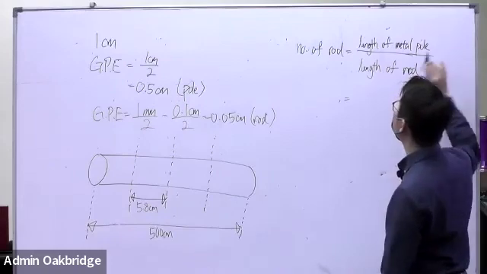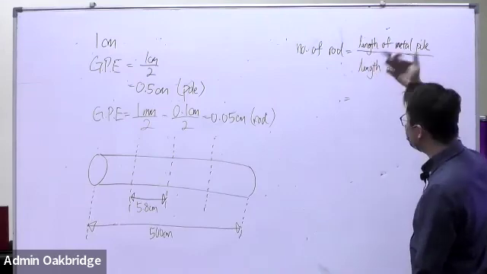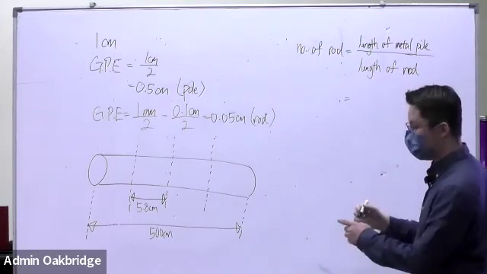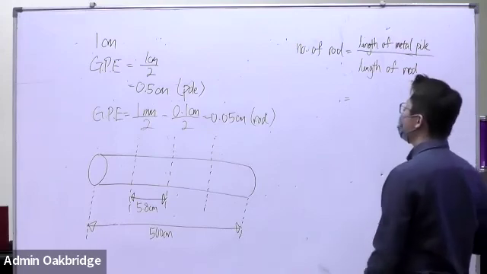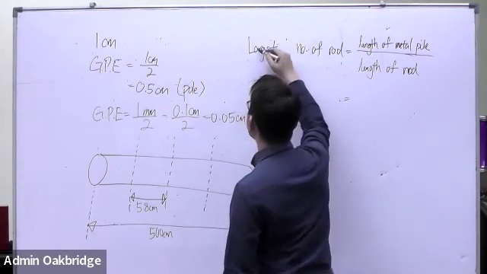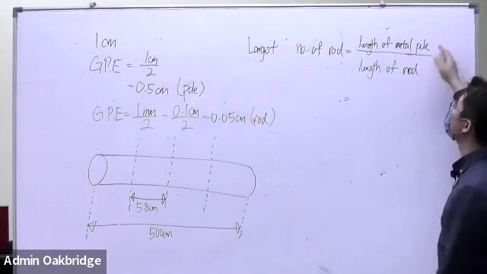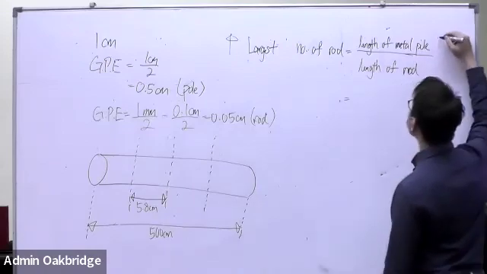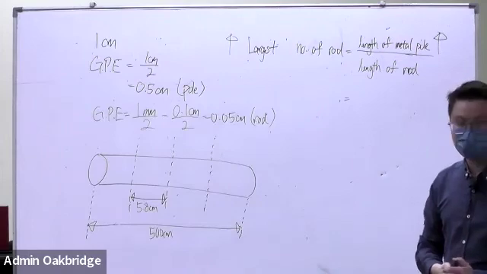So you know that there are two choices for the length of the metal pole. It can be upper bound or lower bound. For the length of the root, it can be upper bound or lower bound. So actually we have 4 different combinations here. But what we want to get is the largest one. You want to get the largest one, what should you do with the length of the metal pole, the numerator here? The numerator has to be largest, right?